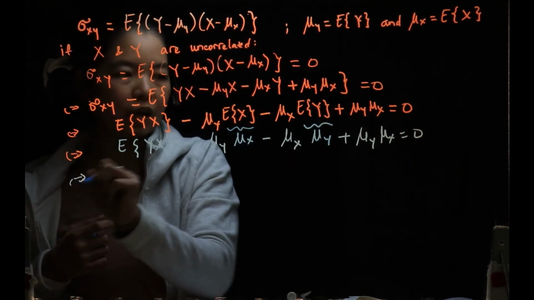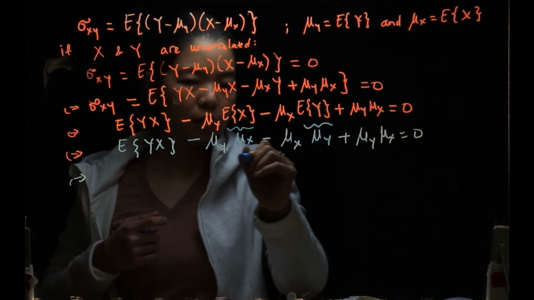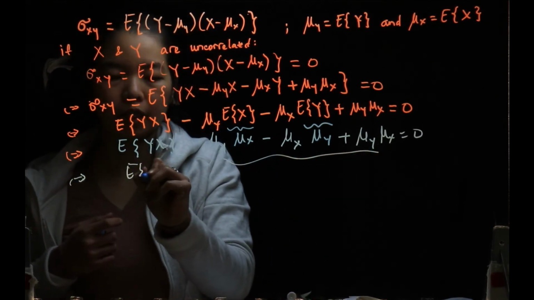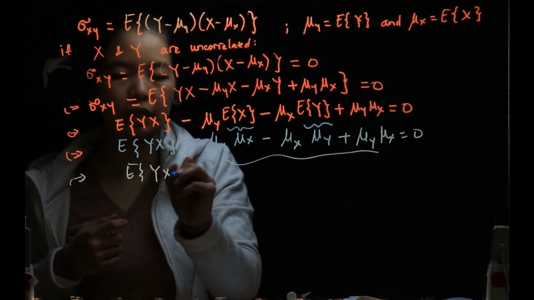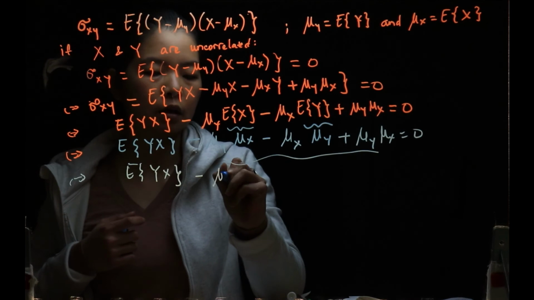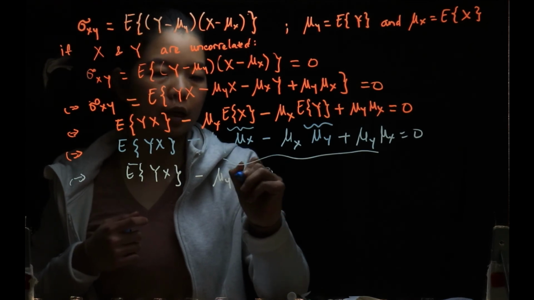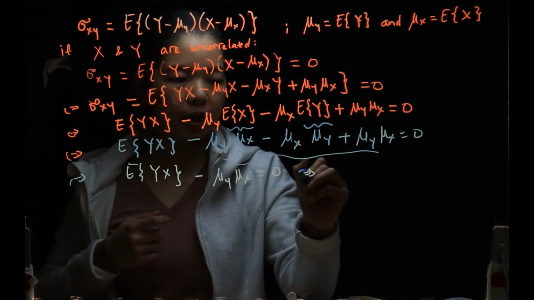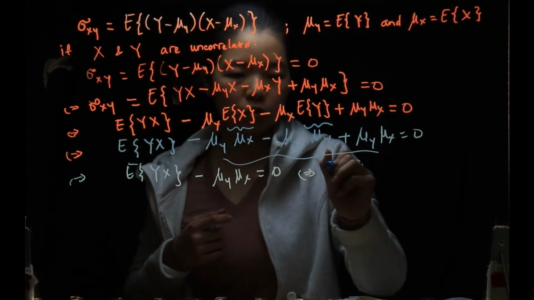And I simplify all the things here. Then I would have the expectation of y times x minus only one mu y times mu x left, equals 0.